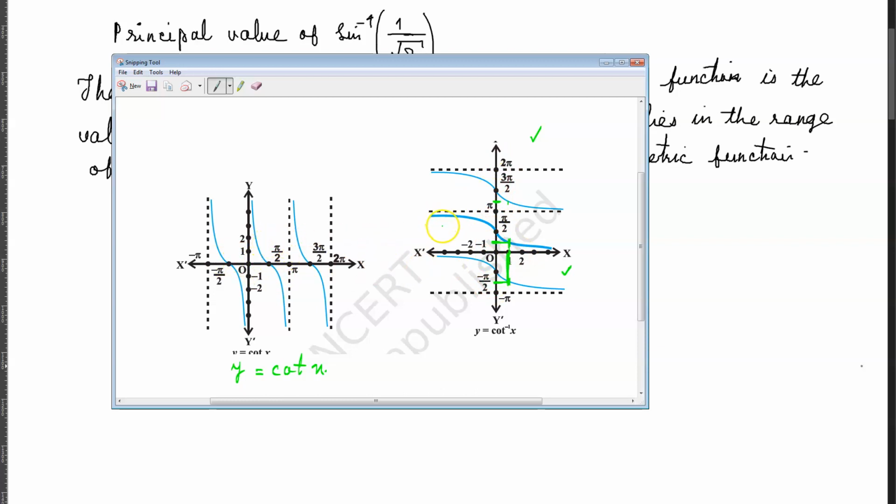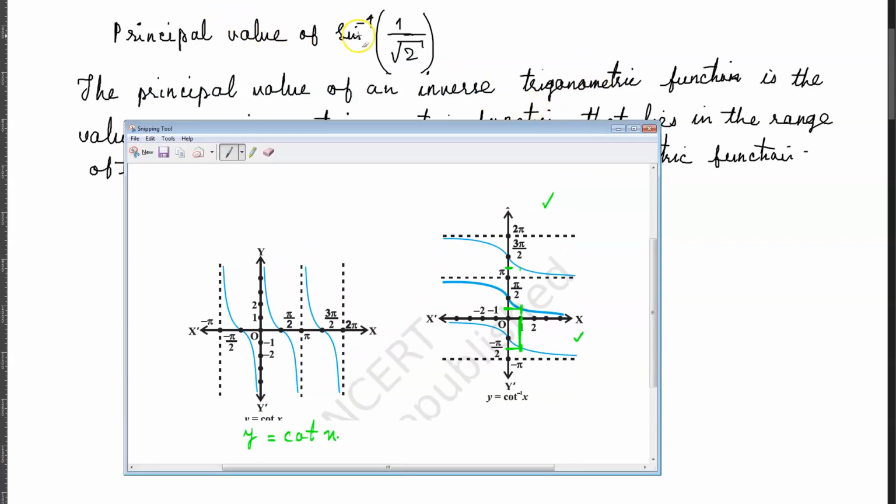And so when I'm looking for the principal value of the sine inverse of some value, I have to go and see what is the definition that we had.